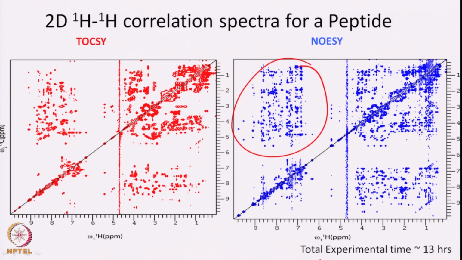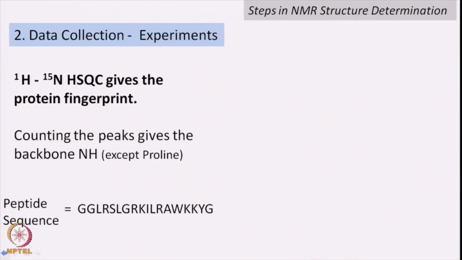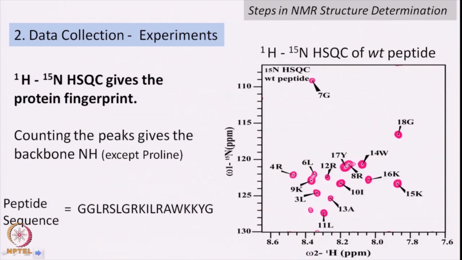Let us take an example of assignment, but before assignment, as I said, we will do the HSQC. Here I am showing you a natural abundance HSQC of an 18 amino acid peptide. If you record long enough, each of these dots in the HSQC spectrum gives one peak.